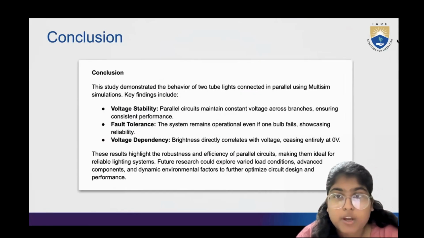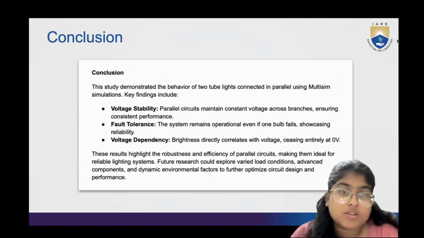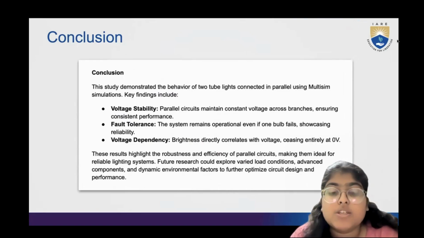I'd like to add a few more points to the conclusion. So basically, to conclude, the project on parallel connection of two tube lights highlights the robustness and practicality of parallel circuits by ensuring consistent voltage, accommodating independent operation of branches, and providing fault tolerance. Parallel circuits prove to be a cornerstone in modern electrical engineering.